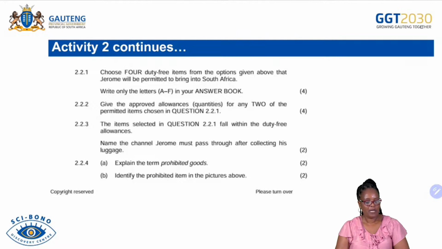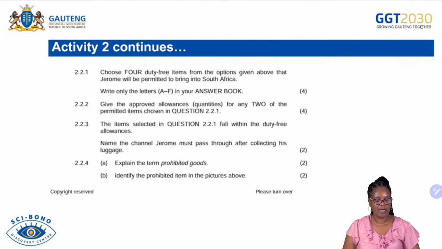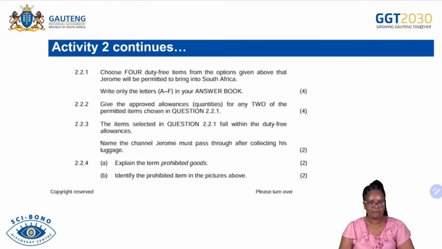Picture A, you have seen that, is dynamite. Dynamites are explosives. Imagine what will happen if tourists bring them to the country. So that's A, which is dynamite.